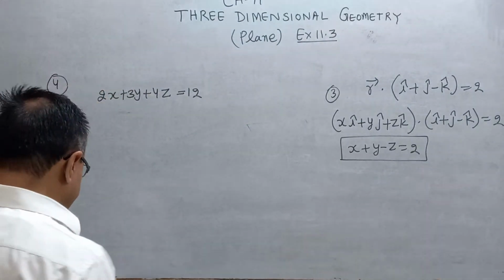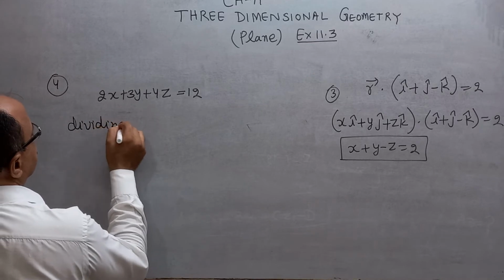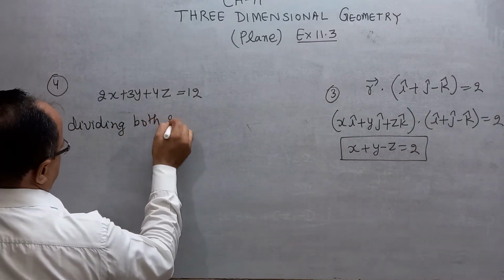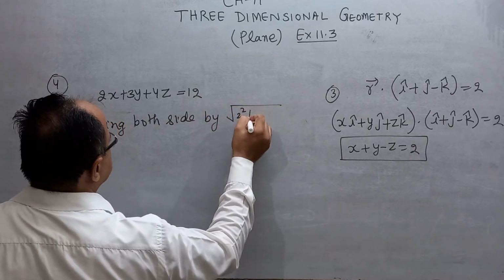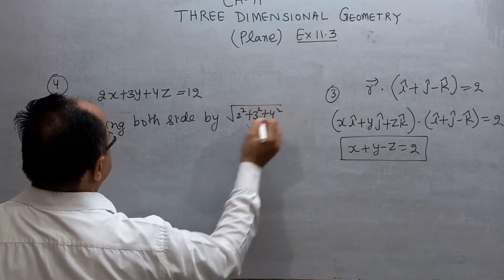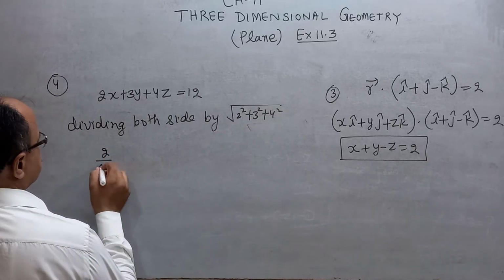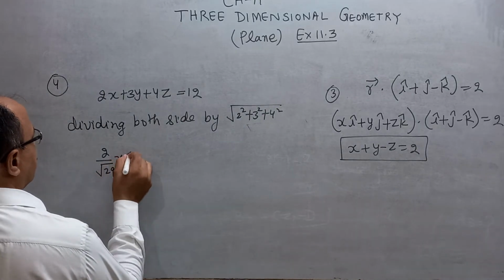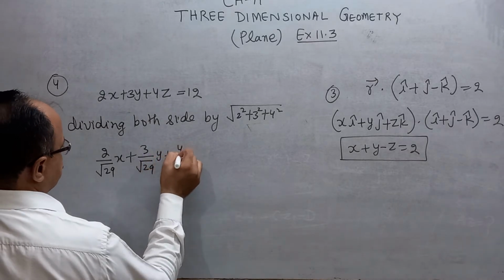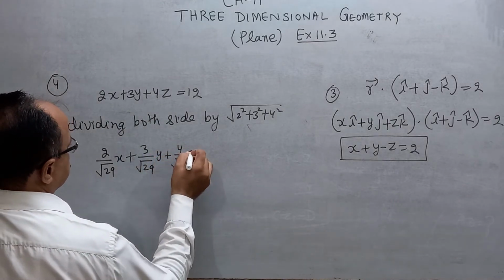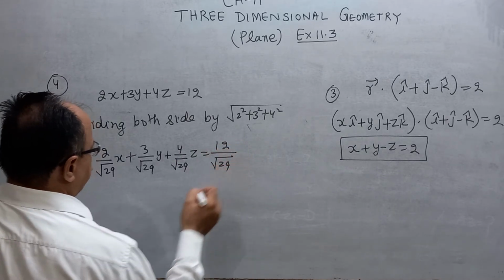For this, dividing both sides by square root of 2 square plus 3 square plus 4 square, that is 4 plus 9 plus 16, 29, that is root 29: 2 by root 29 x plus 3 by root 29 y plus 4 by root 29 z is equal to 12 by root 29.